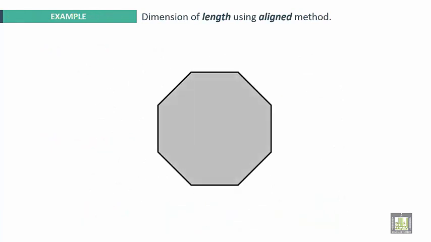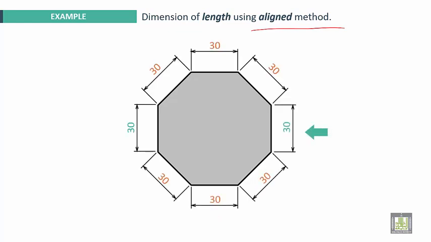One example from aligned method. You can remark here that all numbers are aligned with the dimension line. Here also it is aligned, here also it is aligned. All dimensions or numbers are aligned with the dimension lines.